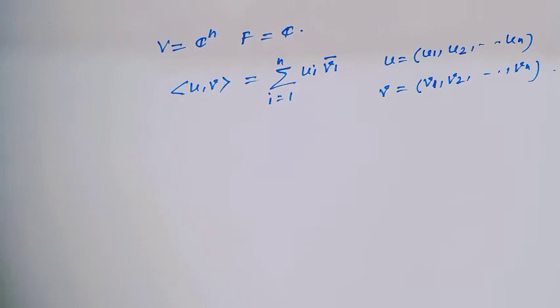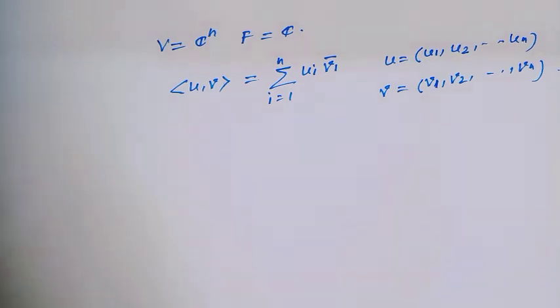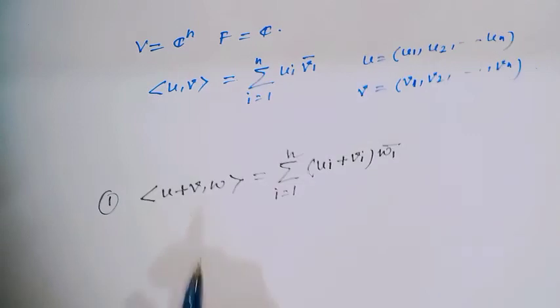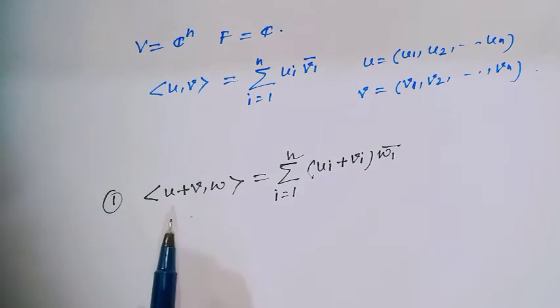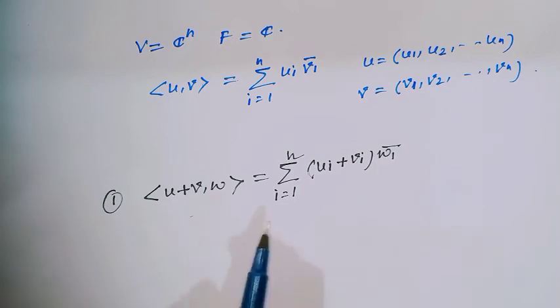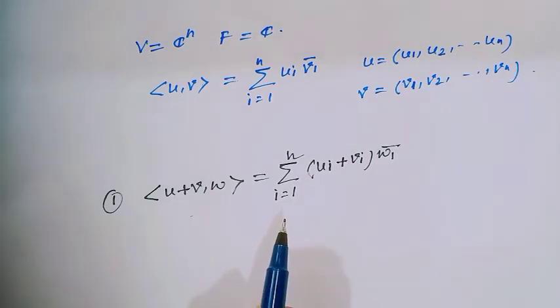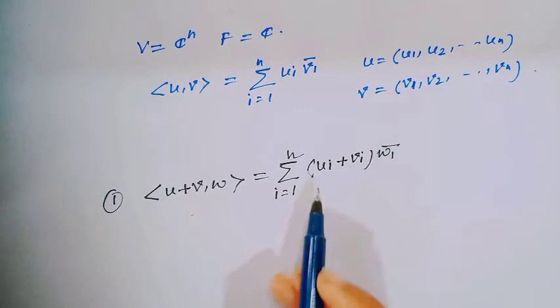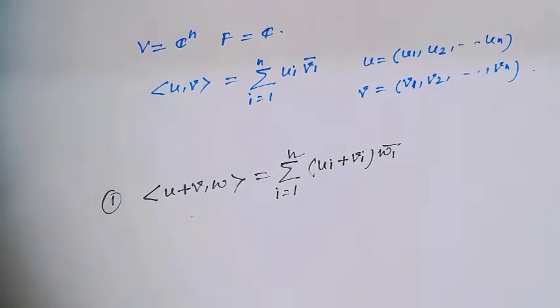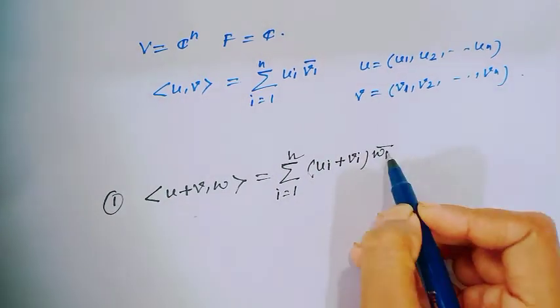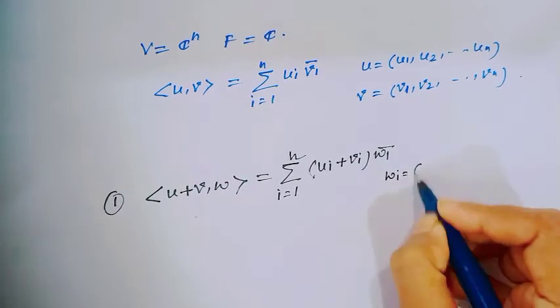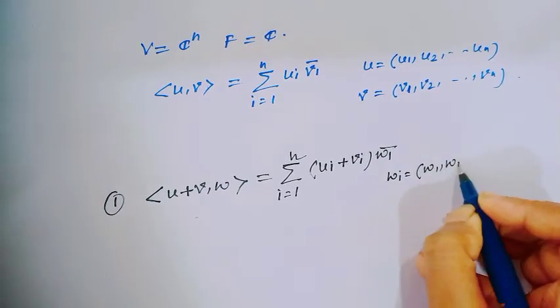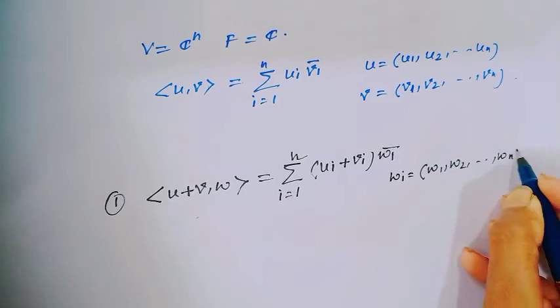This is a very easy type. At first, prove the linearity. First property is linearity. For this, inner product of u plus v comma w is actually equal to the summation i equal to 1 to n of (ui plus vi) times wi bar, where w equals w1, w2 up to wn.